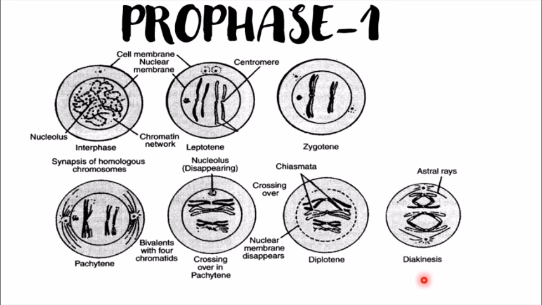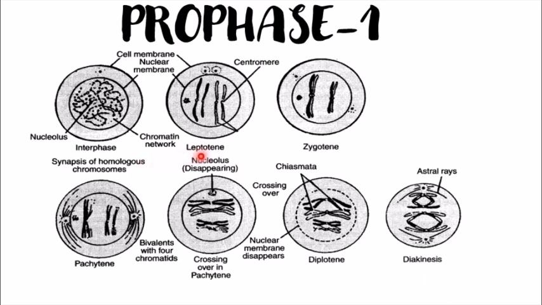Prophase 1 is not visible with our normal microscope, and to observe prophase 1 we require an electron microscope. Also, most of the major events of the division in meiosis take place in prophase 1.